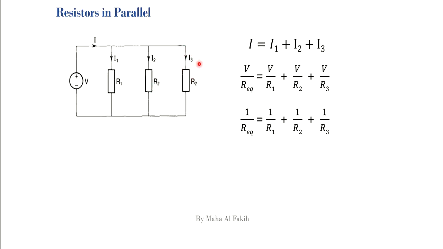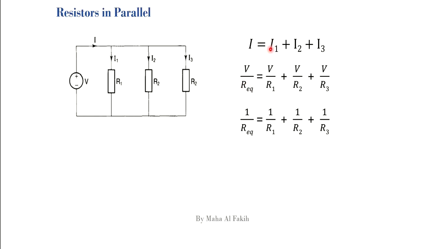Similarly, it cannot be I3, since I3 passes through R3 only. However, the current that passes through these three resistors together is equal to I1 and I2 and I3, and this is the current I. So for voltage V and current I, we will have R equivalent. So applying Ohm's law, I is equal to V over R equivalent.